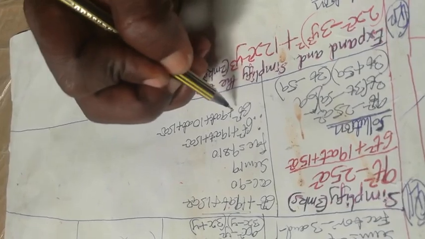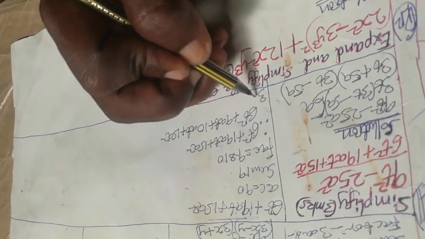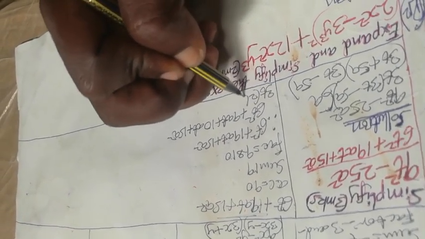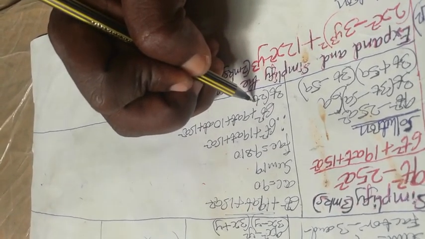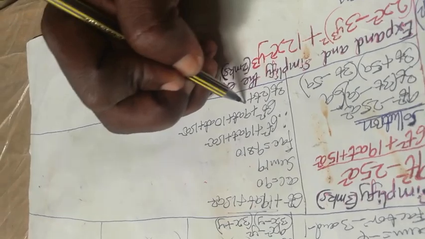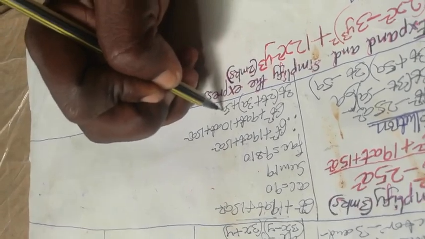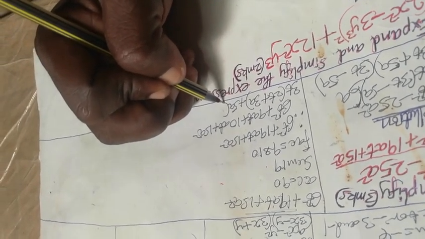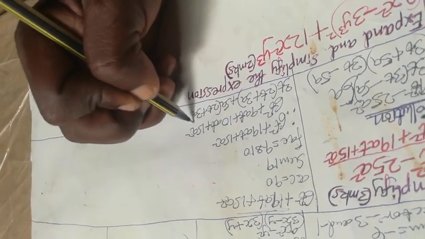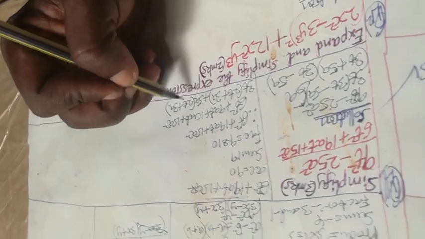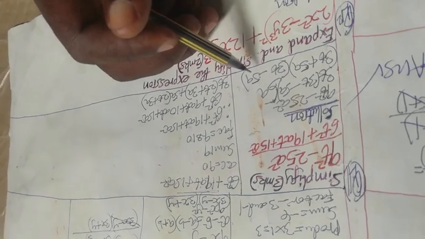If you factor out here, we say 3t(2t plus 3a) plus 5a(2t plus 3a). We factored out 5a here. Now this is our denominator.